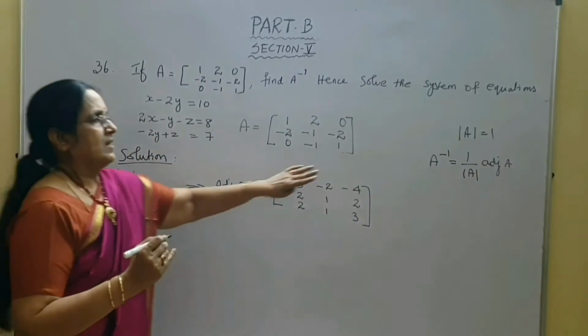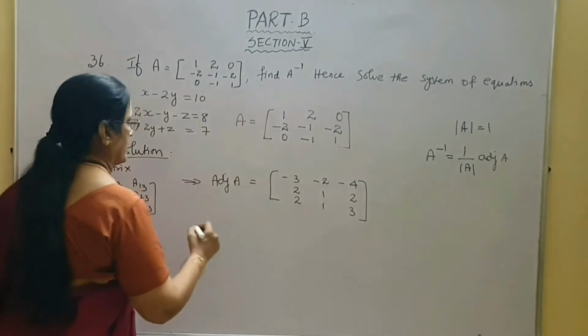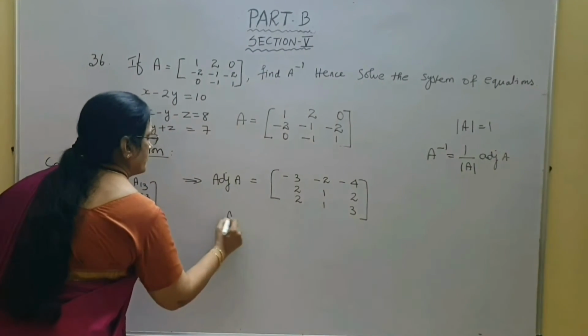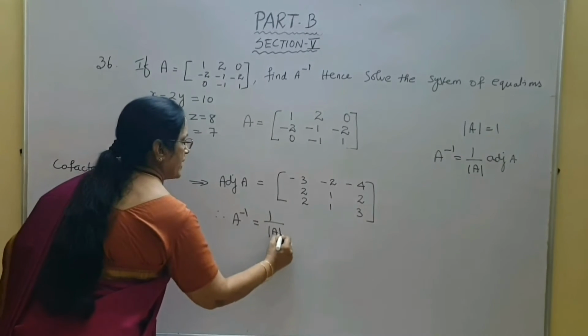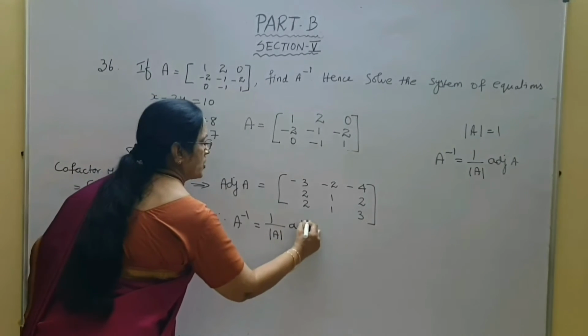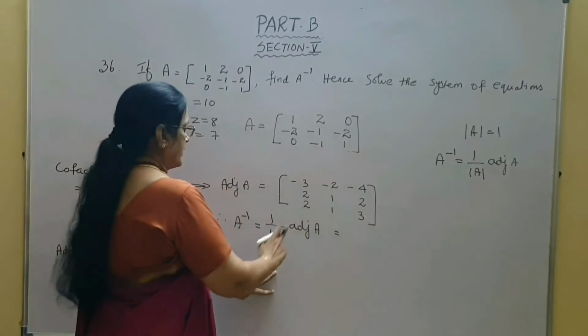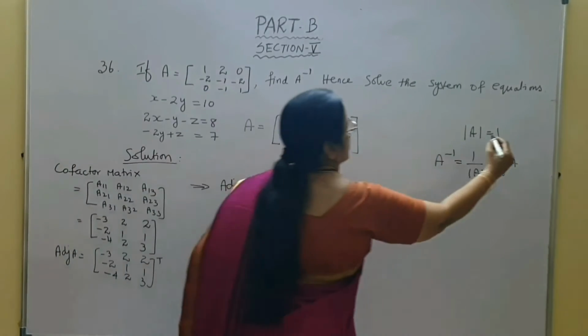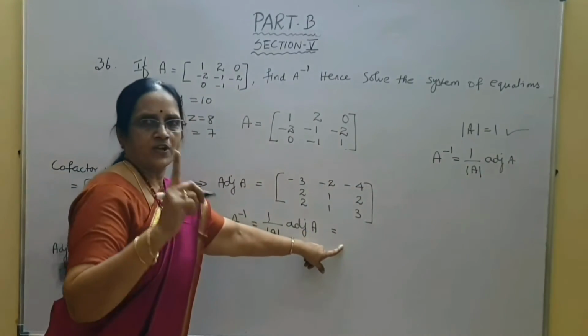Now we know the formula for A inverse. So let us find out the A inverse now. Therefore, A inverse is equal to 1 by determinant of A into adjoint of A. That is, already determinant of A value, you got it as 1. So, 1 by 1 is going to be 1.